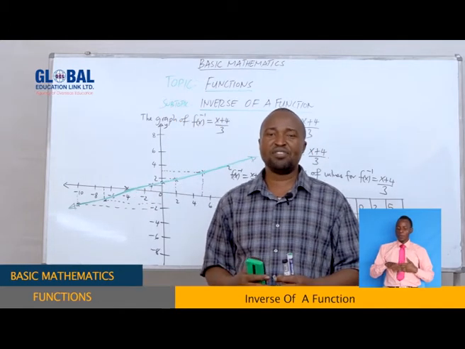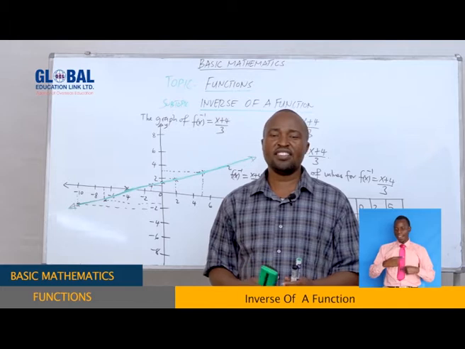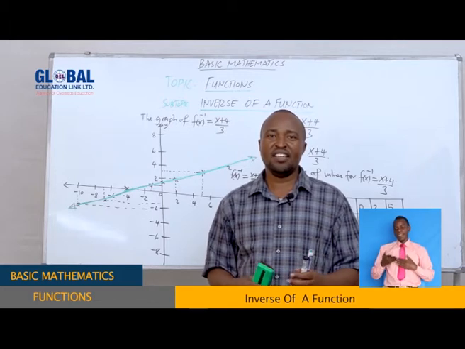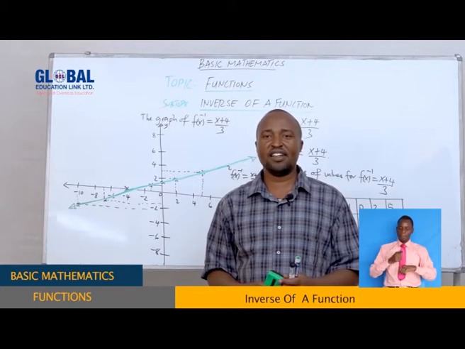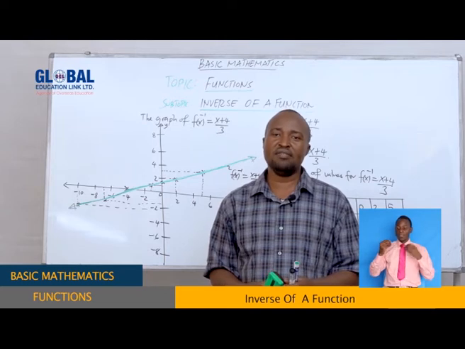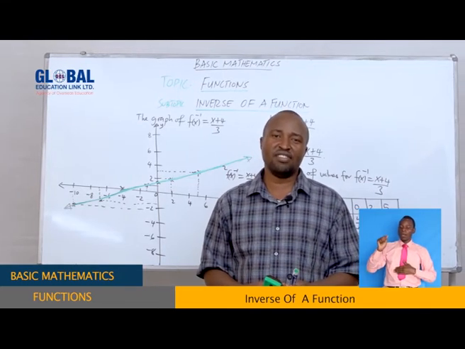And now, let us proceed with another type of function. This time, we have a quadratic function. We are going to see how to find the inverse of a quadratic function.